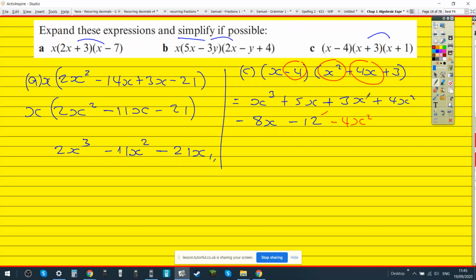So what would that be? Minus 16x. So x cubed plus 4x squared plus 3x minus 4x squared minus 16x and then minus 12.